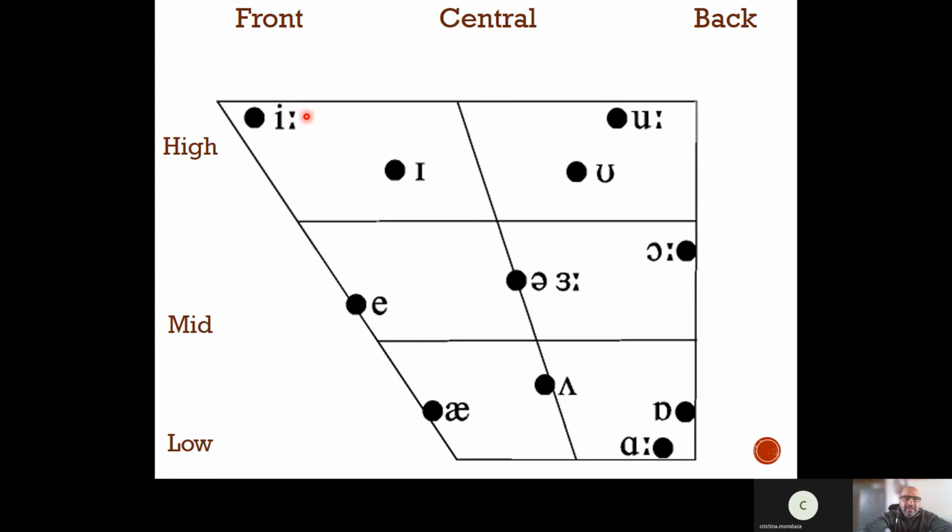So we have to pay attention to this symbol here, because this implies that the sound is longer, right? E is longer, U is a long vowel sound, O is a long vowel sound, A is a long vowel sound, and is a long vowel sound. As in first, girl, world.